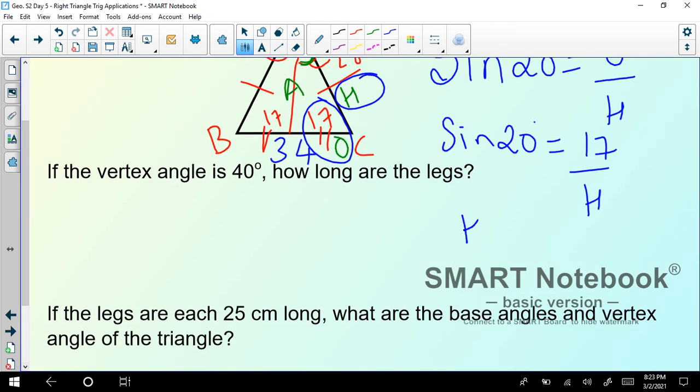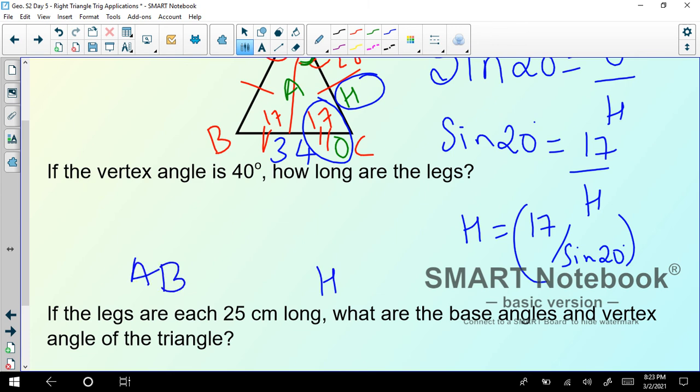Put this in the calculator and get your final answer. That will be the hypotenuse, or each of the sides AB and AC, which is going to be 17 divided by sine 20 degrees.